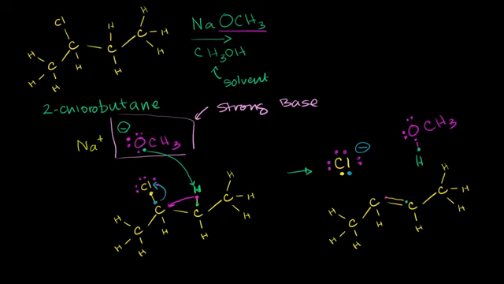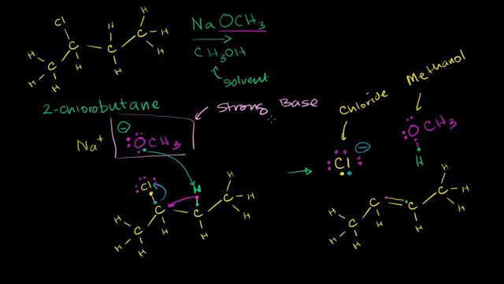So what are we left with? We have a chloride anion. We now have methanol. This was a strong base, and now it has become its conjugate acid. So now we have methanol, which is the same as the solvent.